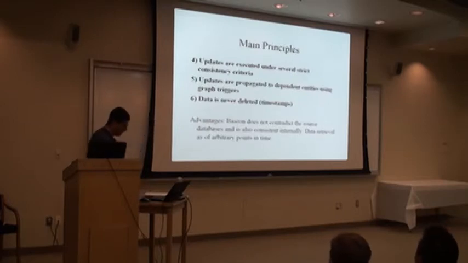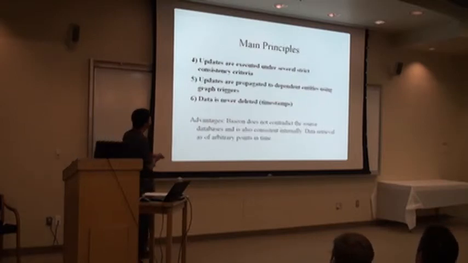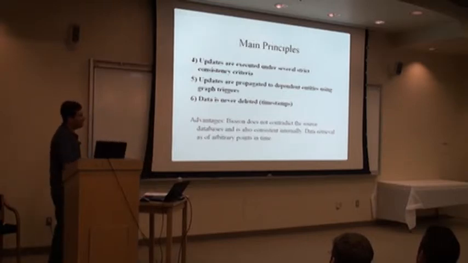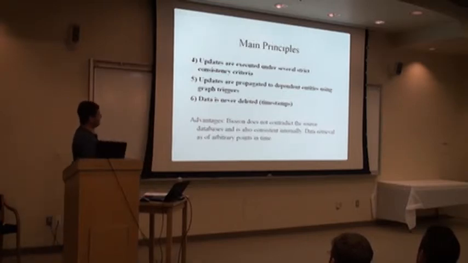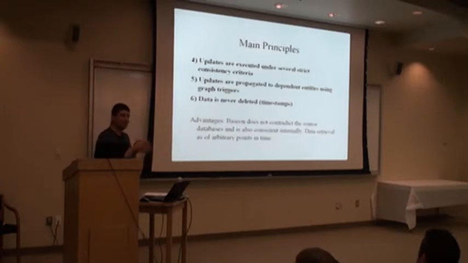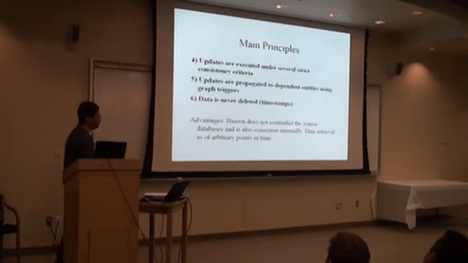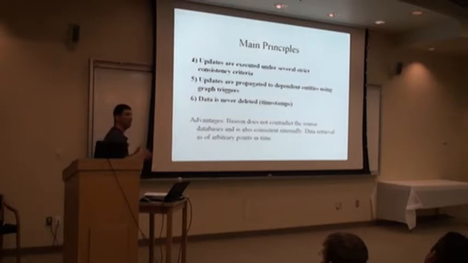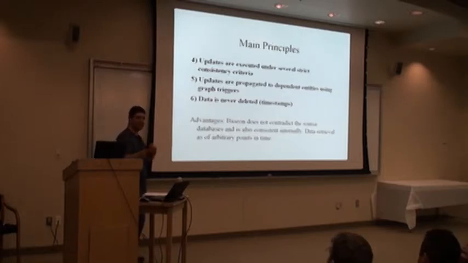And just to mention the last principle that I mentioned here is updates. When we update the resource, it's done under pretty strict consistency criteria. We don't want to contradict the information. We don't want the information in Biozon to contradict the information from the source databases. At the same time, we don't want to create internal contradictions. So there are all sorts of protocols in place to accommodate that, and also to trigger whenever something changes in one of the source databases that can affect one of the relations or another piece of information, another entity in Biozon.